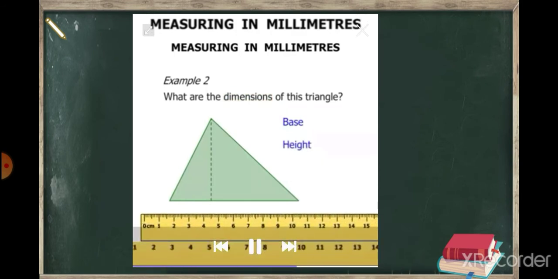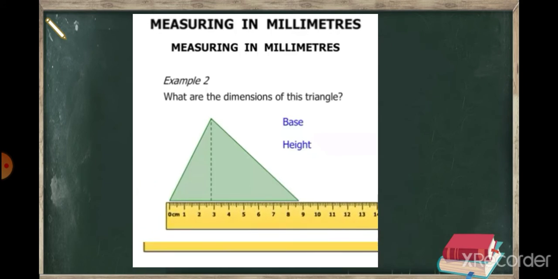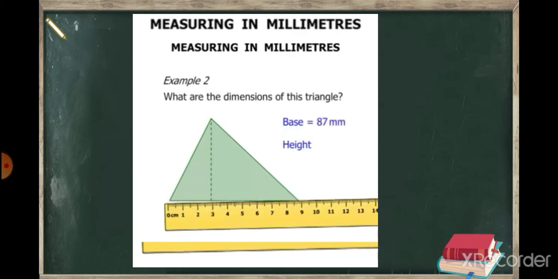Starting from 0, fix it on the edge of the triangle. Now measure. So what is the base length? Start from 0 centimeter, again going in tens: 10, 20, 30, 40, 50, 60, 70, 80, 85, 86, 87. The base equals 87 millimeters.